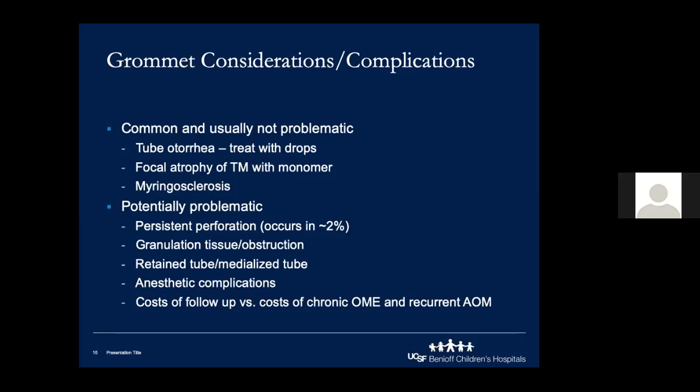Of course, kids often undergo anesthesia for placement of tubes, and that's not without risks. And then for some patients, the need for follow-up needs to be weighed against how big of a debilitating problem their otitis media with effusion or acute otitis media really is.